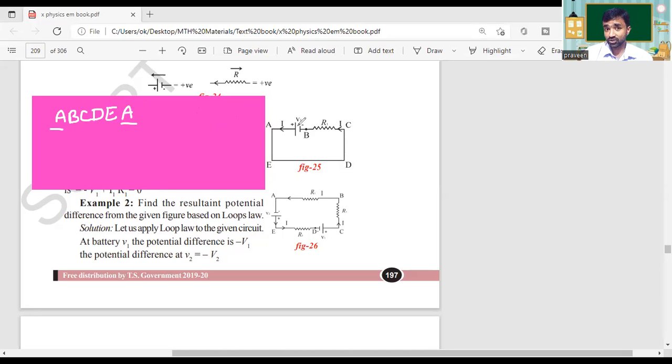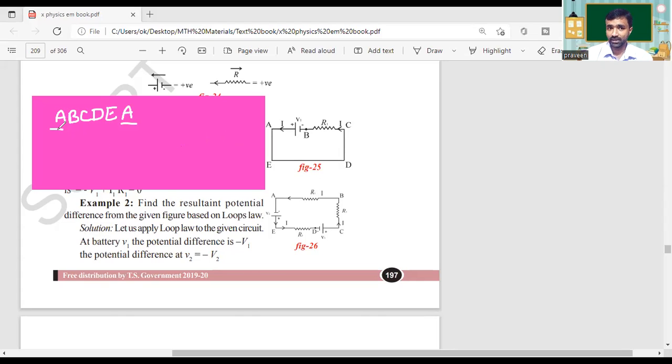So I am traversing the circuit opposite to the direction of current in the loop. Right? So opposite through a resistor is positive. In case of a battery, positive terminal to negative terminal.